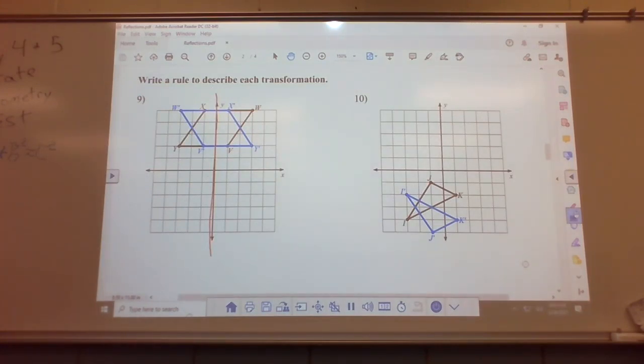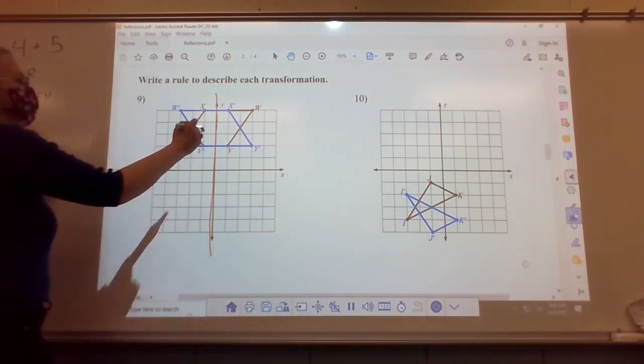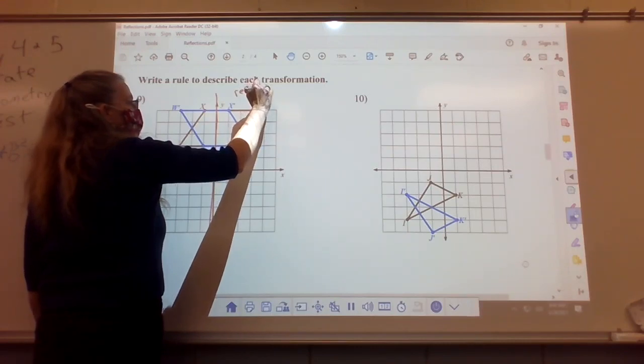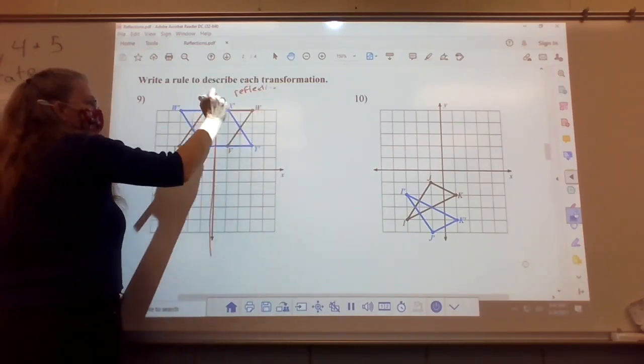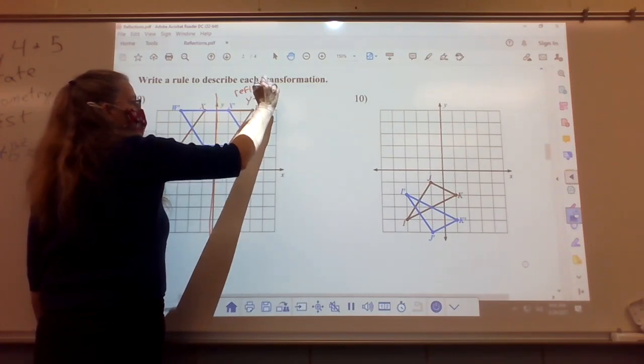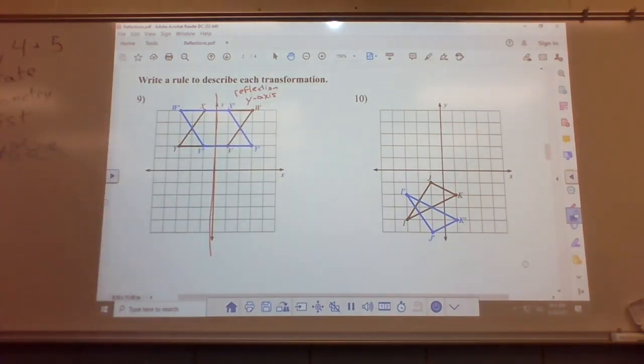They like these as multiple choice questions. So my rule was reflection. It's on the y-axis. So reflection, y-axis. So like I said, these are the quickest of the bunch. So you just have to say what happened.